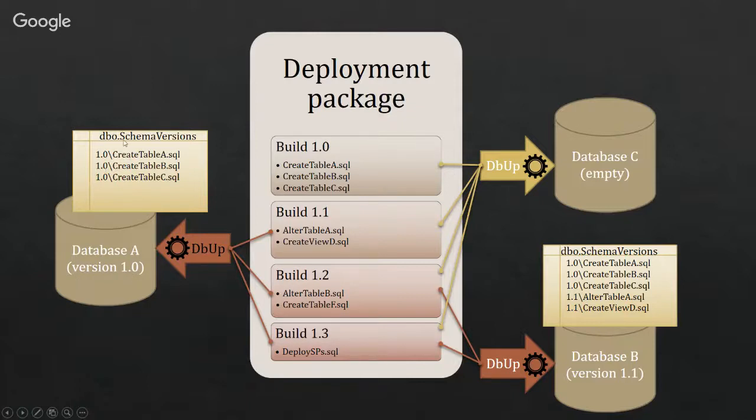Inside the database, there is a SchemaVersions table which contains the records for each script that has been executed against it, and build 1.0 is completely covered by it. So if we try to deploy that package into this database, only builds 1.1, 0.2, and 0.3 will be deployed. Similarly, this database will only get the last 2 builds, and this empty database will get all of them in a proper order.